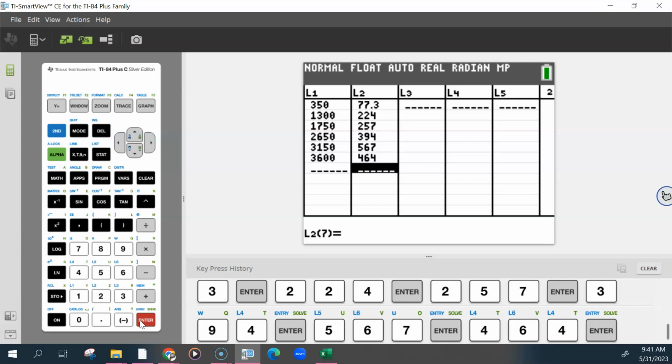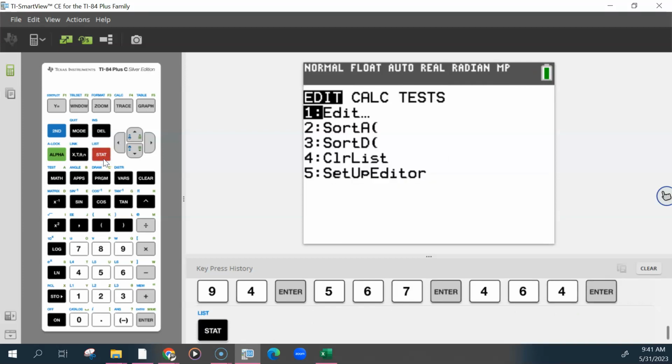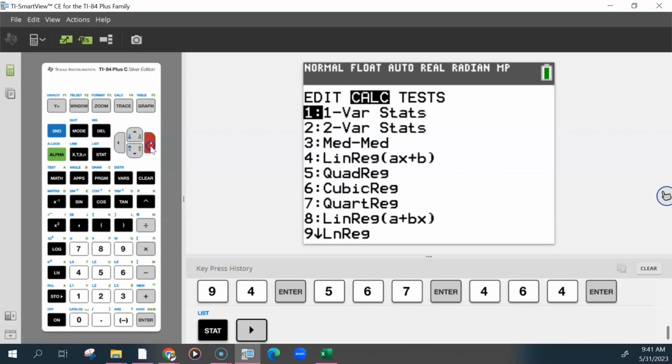Once you have all of that in your calculator, you're going to go back to stat and scroll over to calculate. And then we're looking for linear regression. There are 2, but you want the one that looks more like your slope-intercept form.